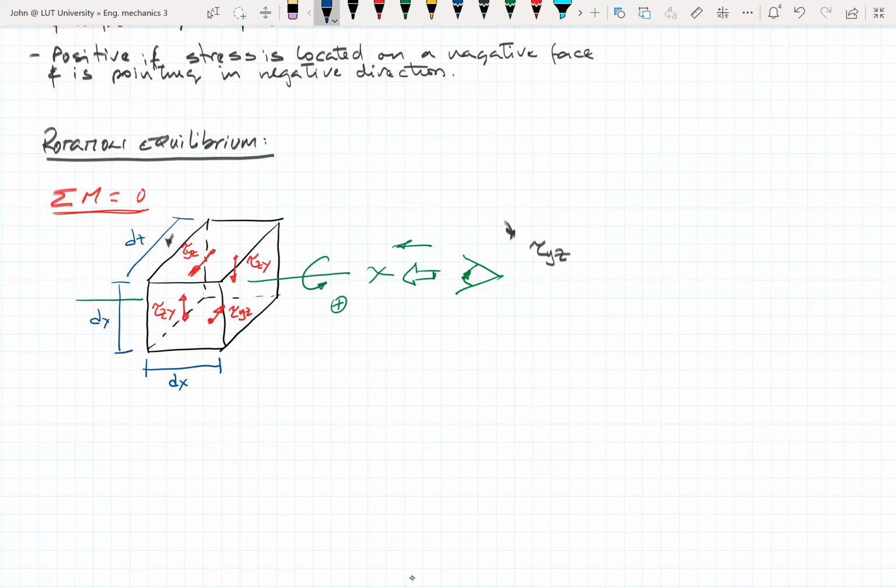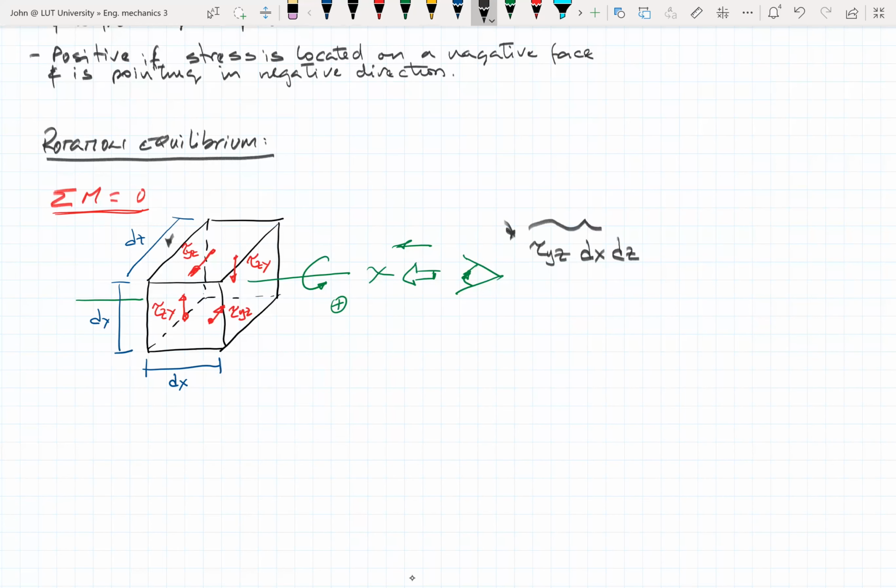Knowing this, this shear stress is acting on a face whose dimensions are dz times dx. Coming back to here, the shear stress tau yz is multiplied by dx times dz.